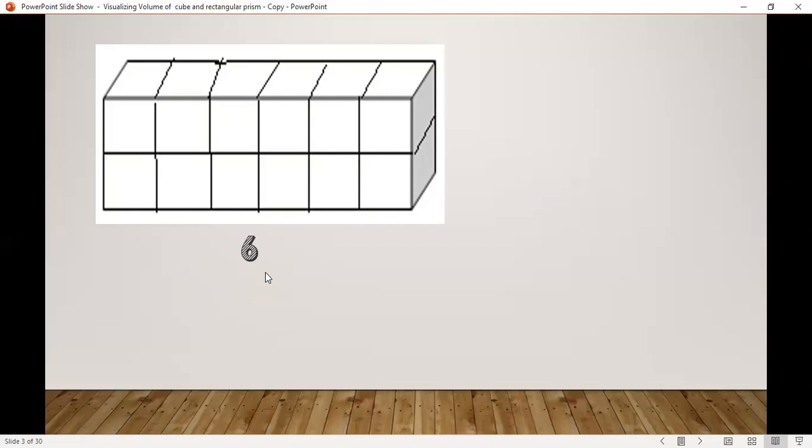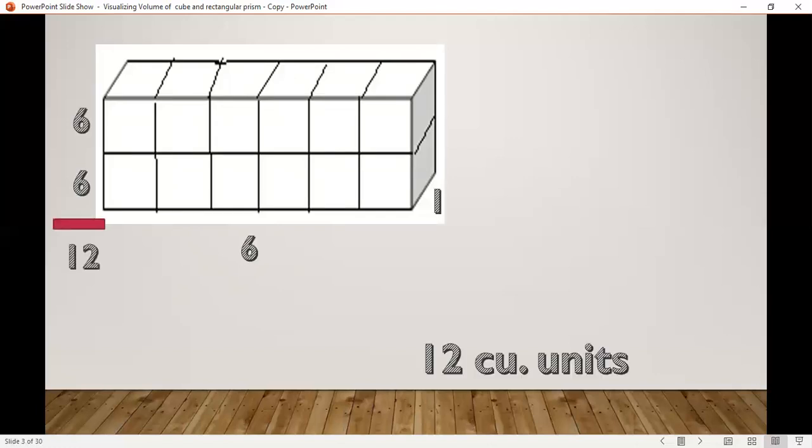Then the length 6, width 1. 6 times 1, 6. So per layer have 6 cubic units. So 6 plus 6 equals 12. 12 cubic units.